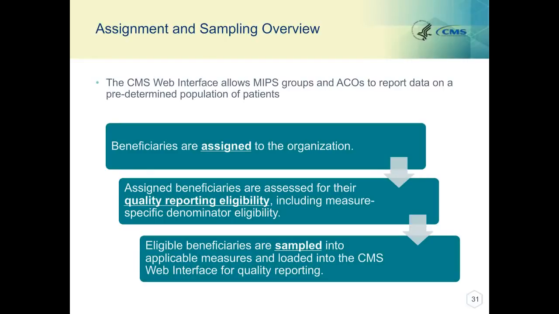First, beneficiaries are assigned to an organization. Then their quality eligibility and their denominator eligibility are determined. And lastly, they are selected or sampled into the applicable measures and loaded into the web interface for quality reporting. Next slide, please.